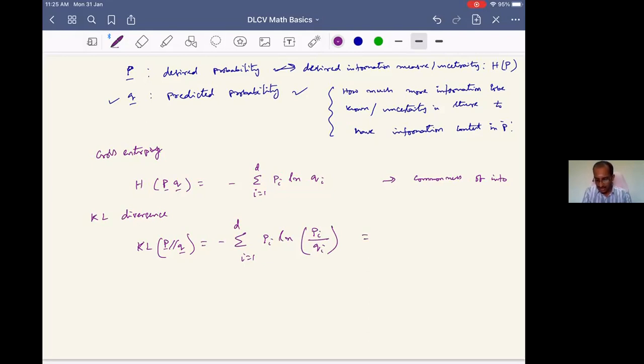So what does this measure? You can see in the expression, I'm writing minus of minus, just to have the measure in terms of entropy.